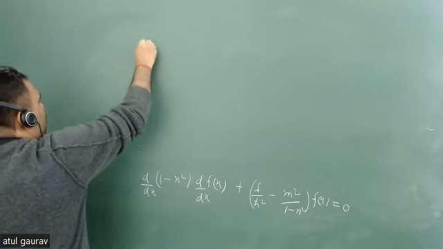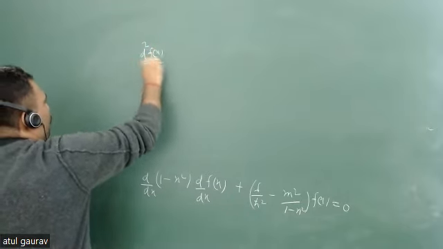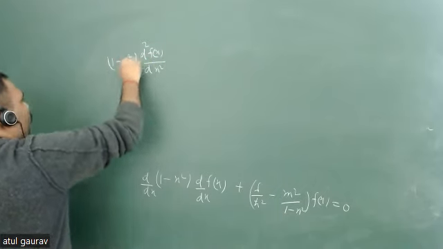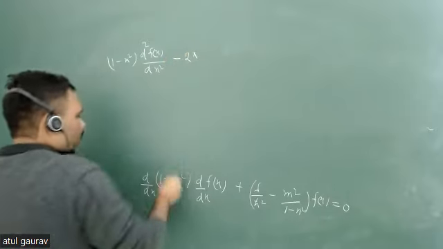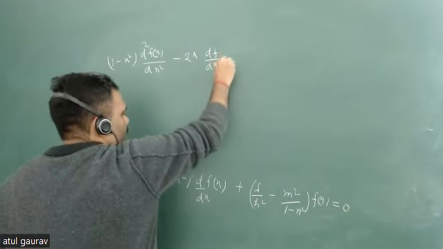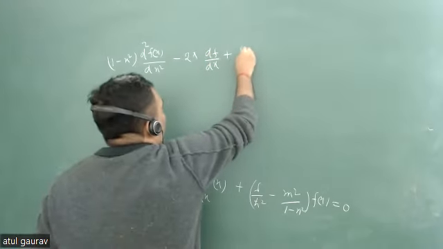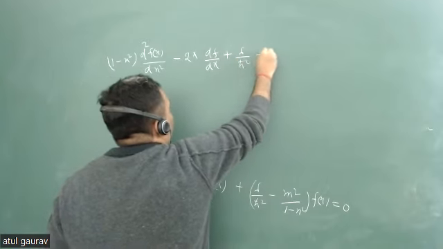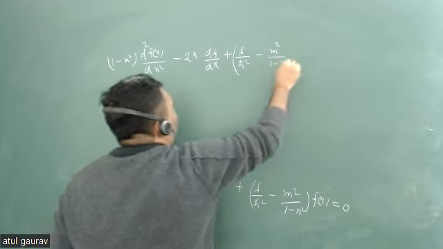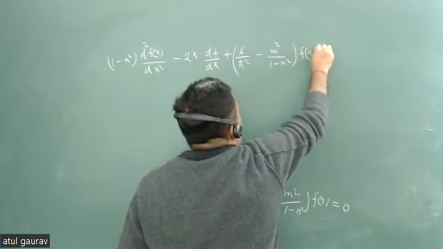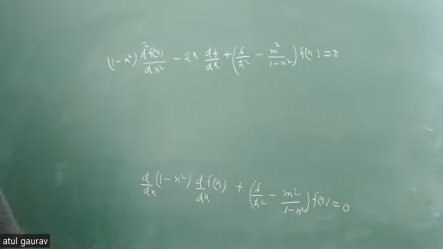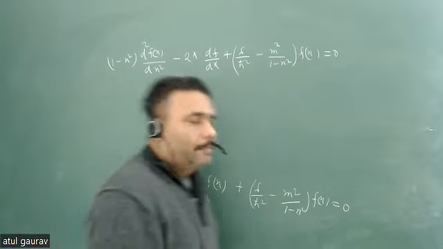So this equation is d square fx upon dx square into 1 minus x square, minus 2x, we have to differentiate this one, and you have df upon dx plus lambda upon h cut square minus m square upon 1 minus x square fx must be equal to 0. Okay. Now, this is your mathematics.